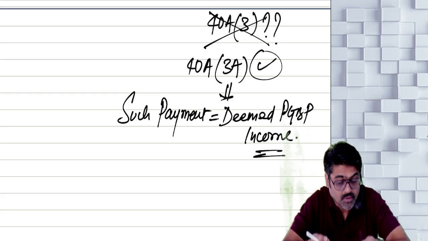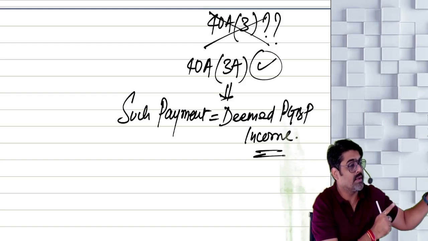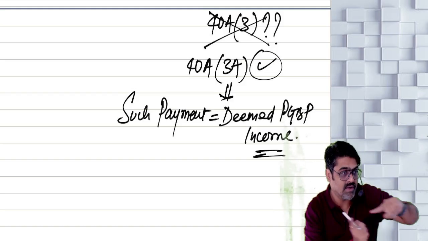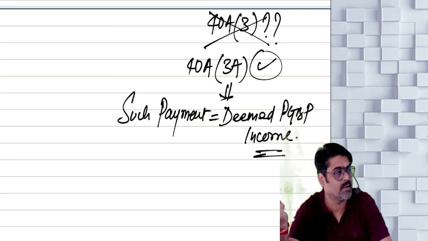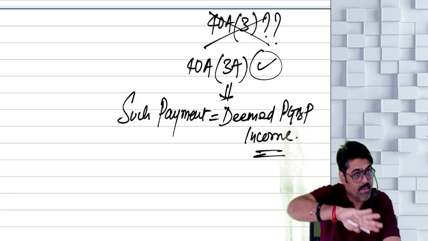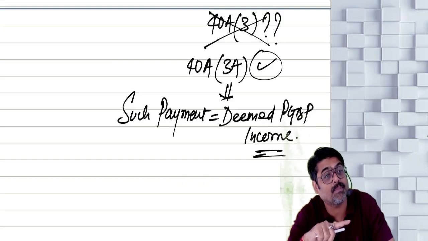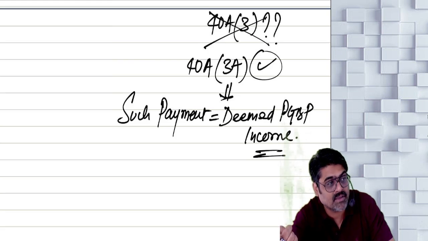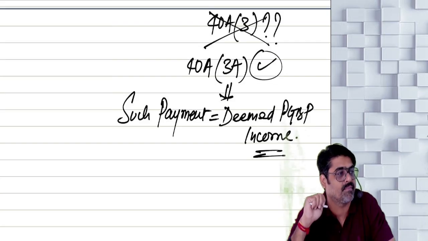So what happened? First you took the deduction of the expense. On what basis? Due basis, accrual basis, mercantile basis. Now for that expense you are later going to make the payment, then you have to make sure that the payment is made by prescribed modes. But in the future, after claiming the deduction for the expense, if you make the payment by other than prescribed modes, then whatever payment you have made by other than prescribed modes will be treated as your deemed PGBP income.